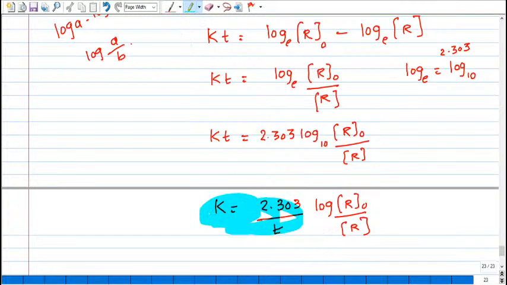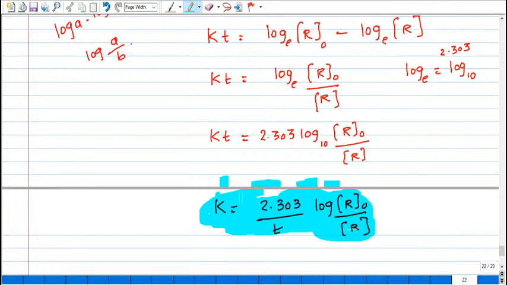You have to remember this as a formula to go for solving so many sums. This is an important formula to be noted: K is equal to 2.303 by t log R naught by R.